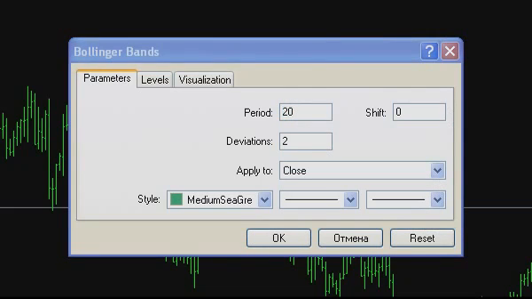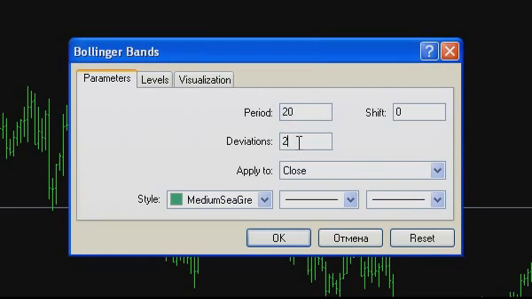Let us pass to the parameters used for plotting the Bollinger Bands indicator. The major parameters are period and deviation. Period is a time frame, a number of bars, within which a simple moving average is plotted.